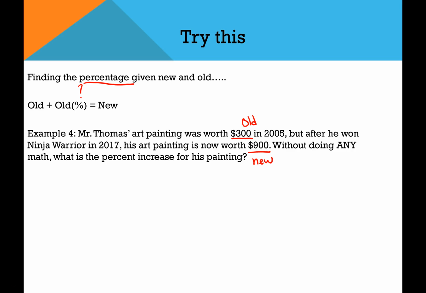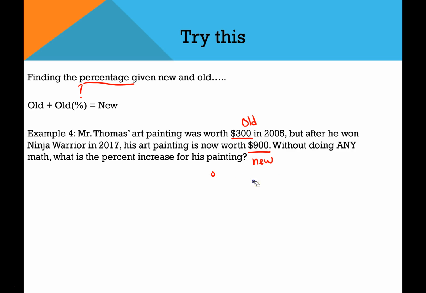Well, if you think about this, we're going from 300 to 900, and I can actually tell you that's tripled, right? 300 to 900 is tripled. Well, we know if doubling something makes it a 100% increase, you'd think that maybe tripling it would make it a 200% increase. Now, I'm not going to hold you to that, but I do think it's interesting to note that.